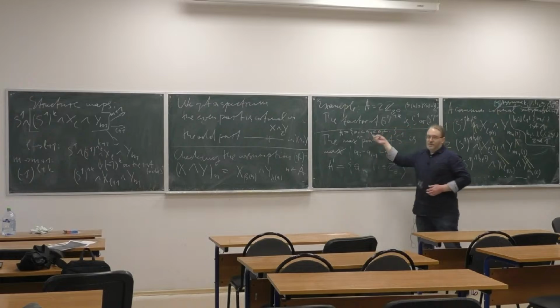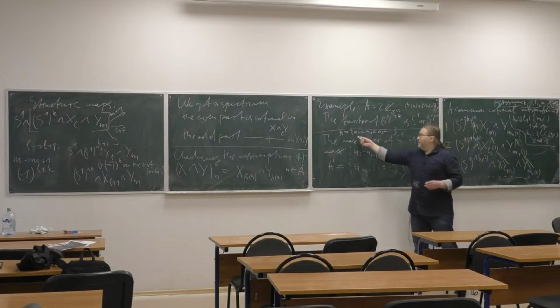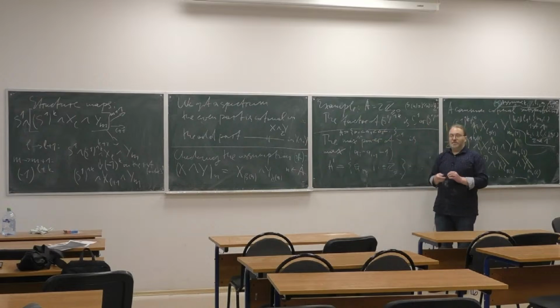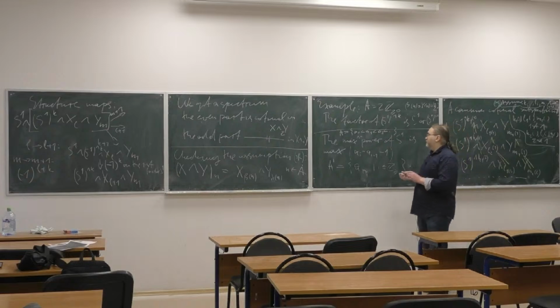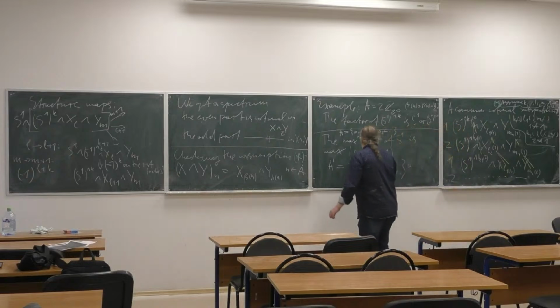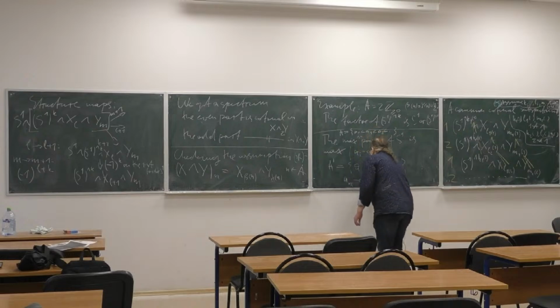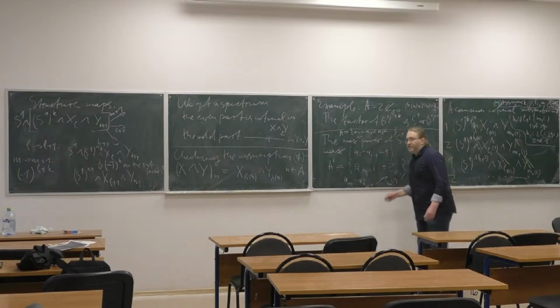So instead of all A, I take a subset such that the difference A_{N_i} minus A_{N_{i-1}} tends monotonically to infinity.